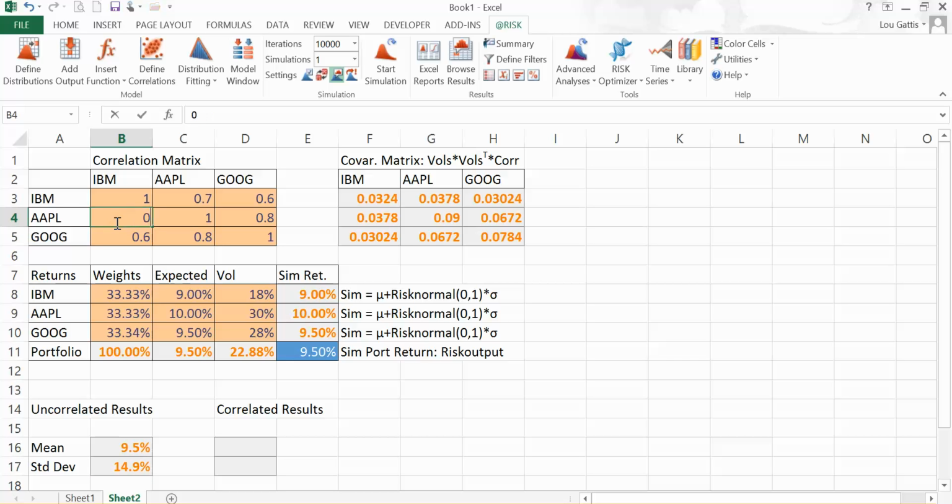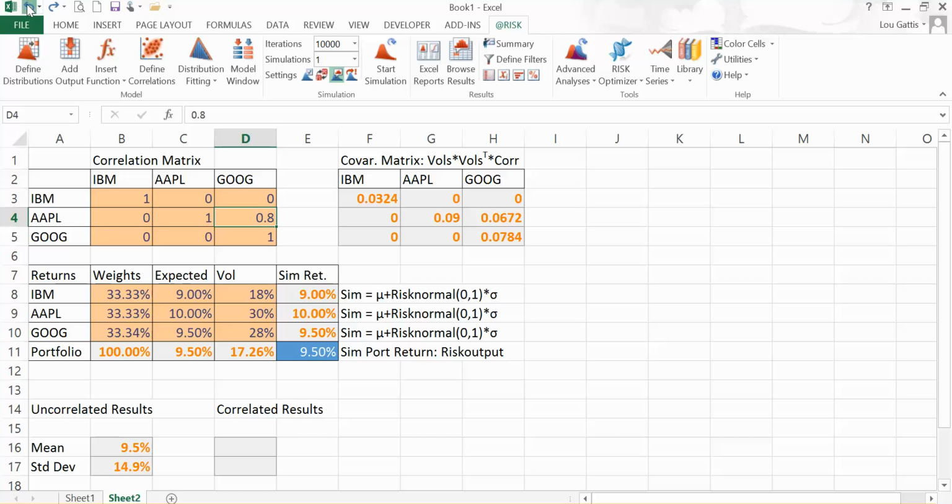If I were to make all these correlations 0, except for the major diagonal, everything's 1 with itself, notice how the standard deviation goes to 14.9, which is what my variable showed. So if you don't specify correlations in @Risk, it assumes 0 correlations, and that's why we got 14.9.